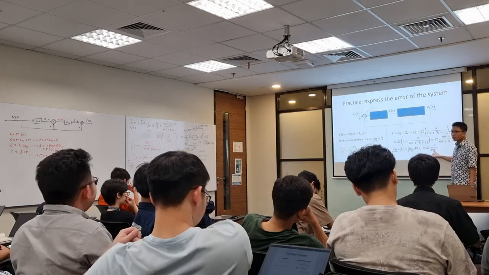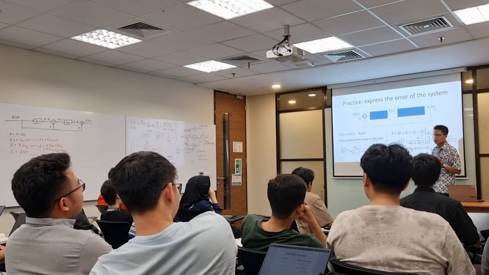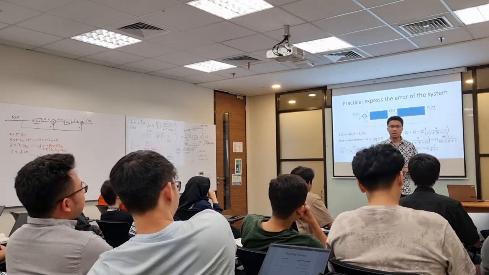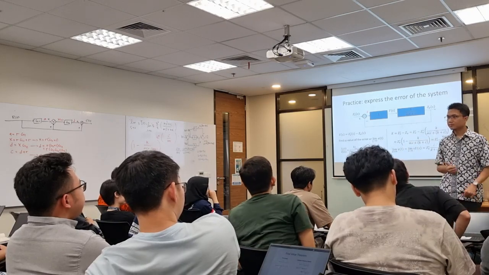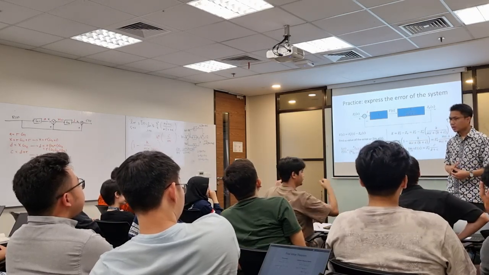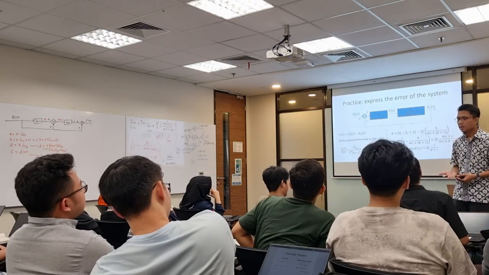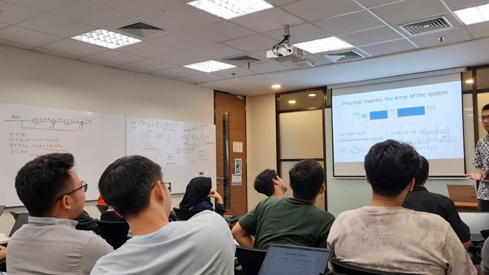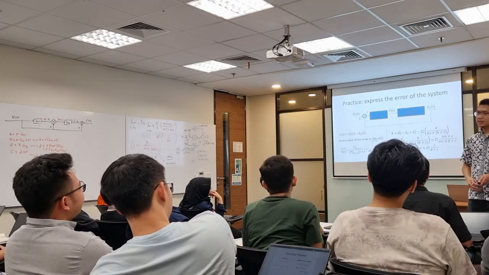What do you notice from this result? The first thing is that the error is not zero. Okay. And then the second thing, how do we reduce the error? Increase the K, that's correct.